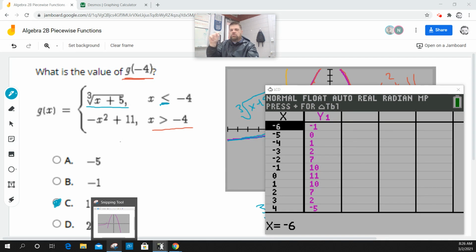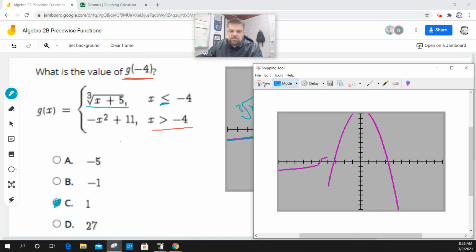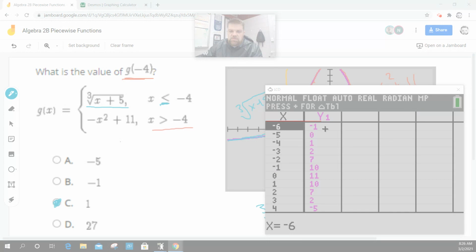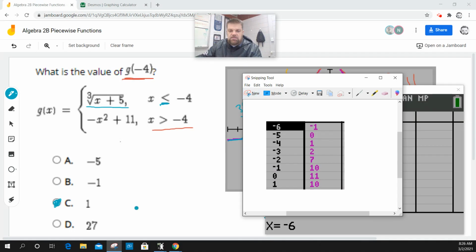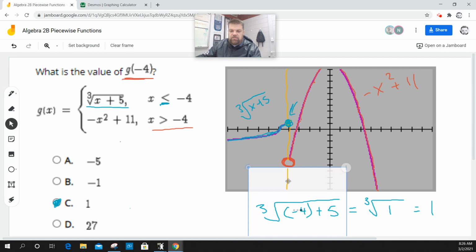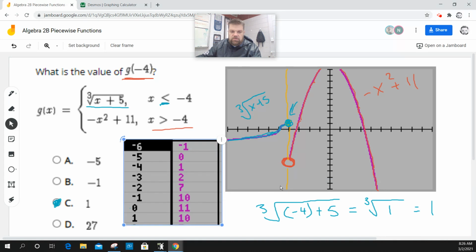In other words, if I were to draw this, I'd have to lift my pencil up and start down further. It's still a function, and it is definitely defined at -4, right? But it's defined by the first expression and not the second. So if we look at this, it's defined by this.